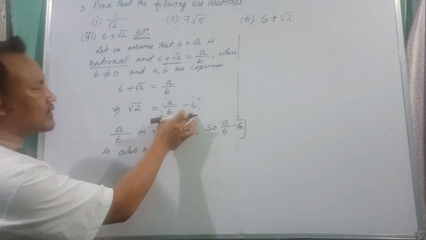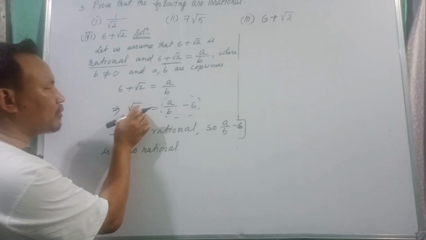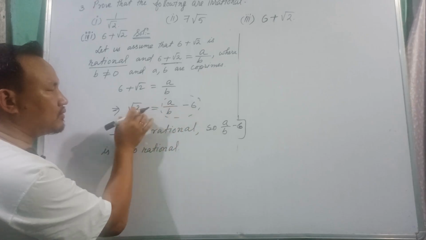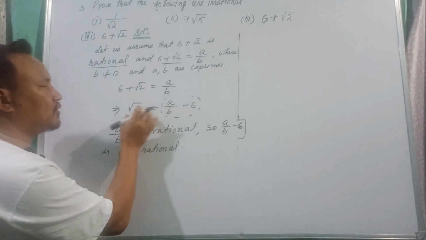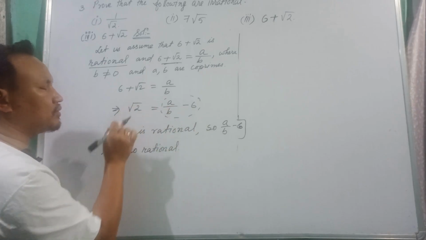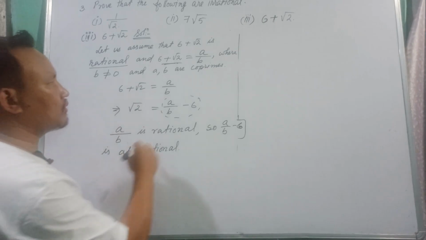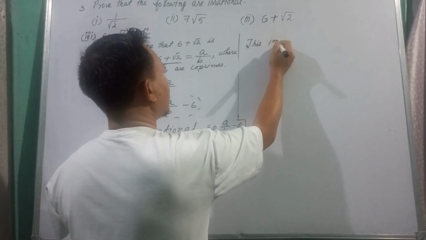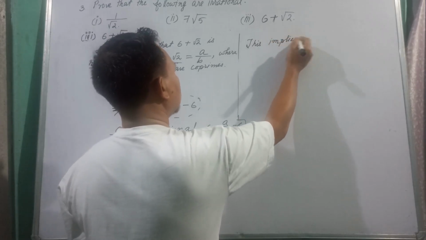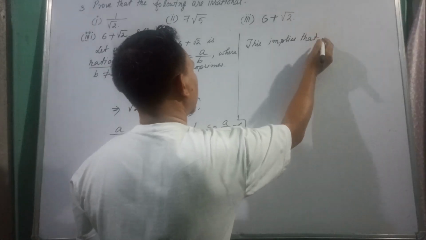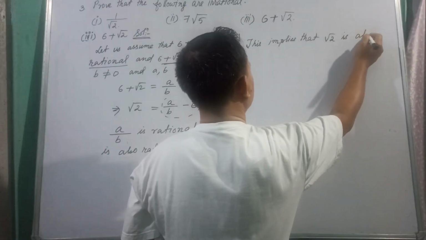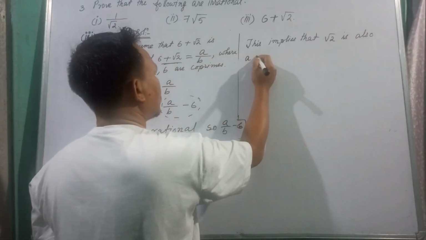Since these both are equal, if this is rational, this should also be rational. So this implies that root 2 is also a rational number.